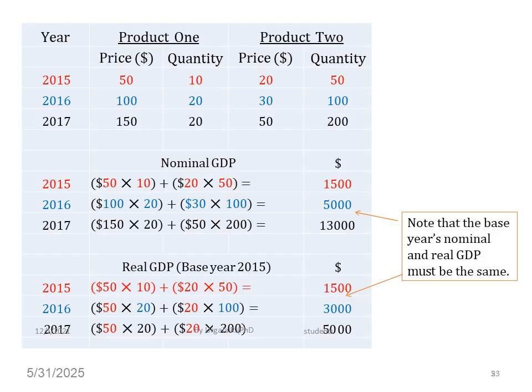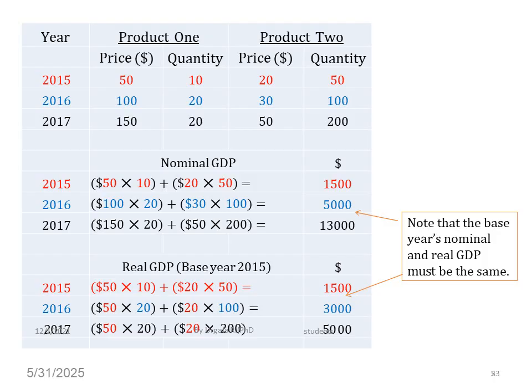In 2016, product 1, price is 100, quantity is 20. In product 2, price is 30, quantity is 100. In 2017, product 1 price is 150, quantity is 20. Under product 2, price is 50 and the quantity is 200.